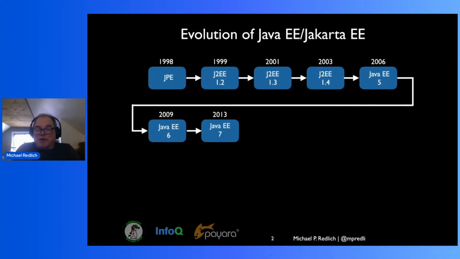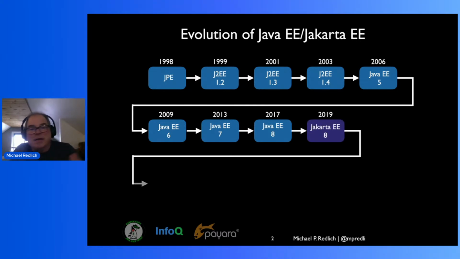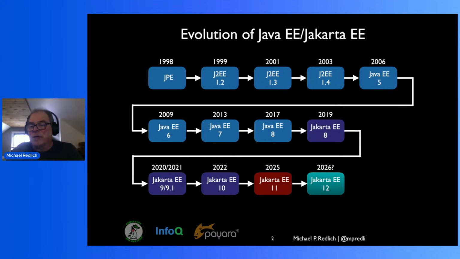JPE was the Java Professional Edition. And then along the way, each of the new specs or new releases of Java EE, originally called J2EE, as you can see, you had things like the Java Connector Architecture in 1.3. 1.4 introduced JAX-WS, the Java API for XML web services.